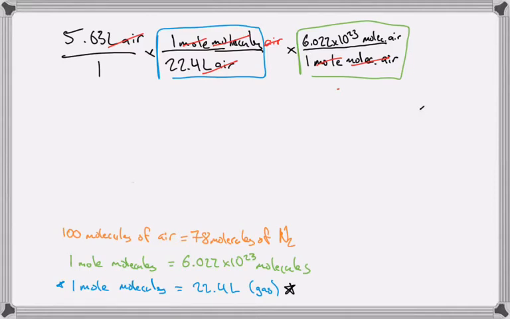Finally, if molecules of air is what we have now, we need to go from molecules of air to molecules of N2. And luckily we have a third conversion factor that will allow us to do that. So I'm going to write multiplication here, and on the next line I'm going to write the next conversion factor. Since molecules of air are on the top, we need to make sure that that cancels out to convert our units.